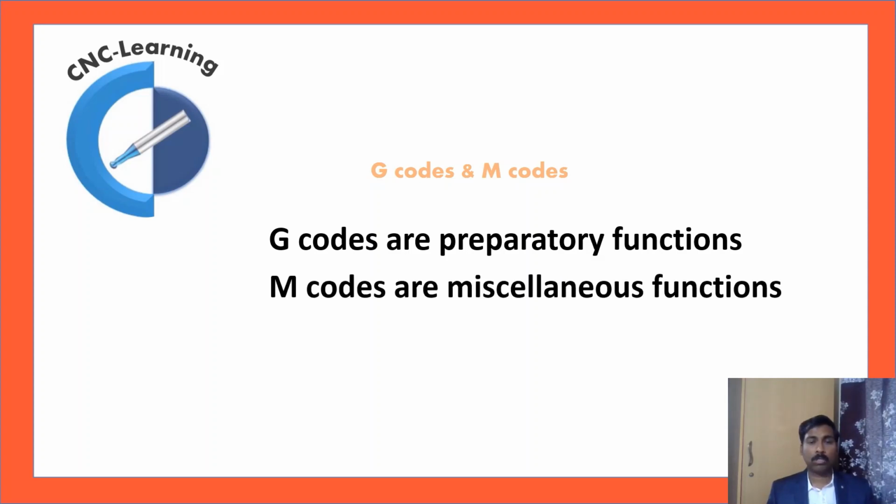And what are M codes? M codes are miscellaneous functions. All machine functions are defined by M codes, like coolant on off, spindle rotation clockwise, spindle rotation anti-clockwise.